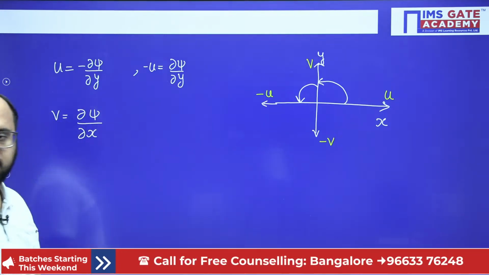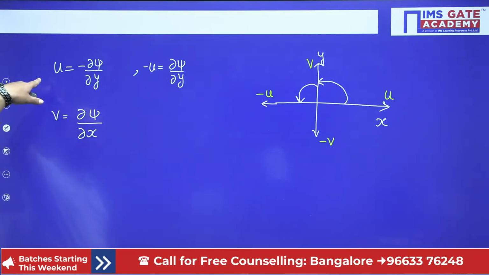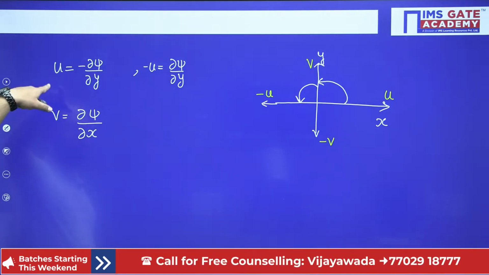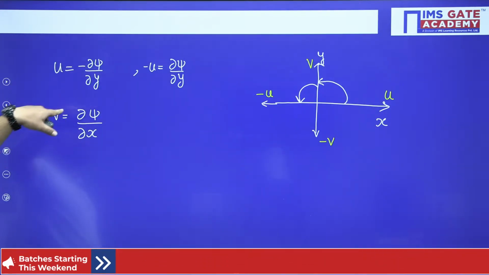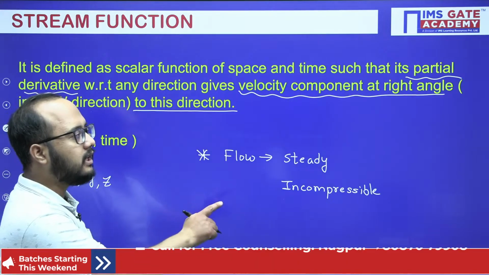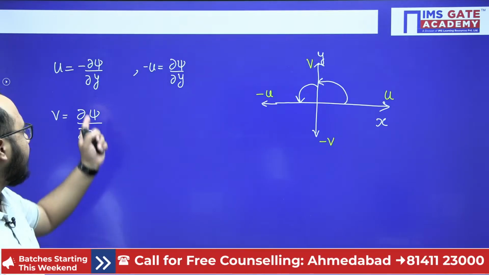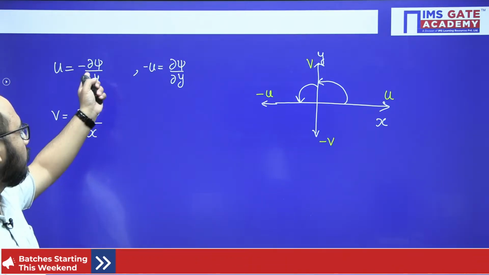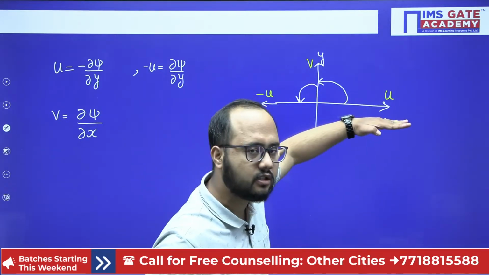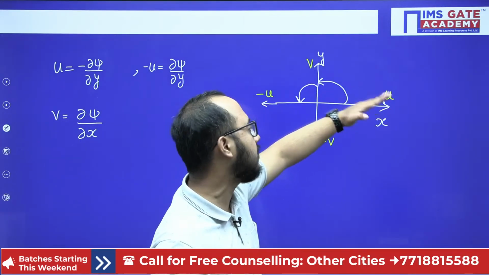It's your choice whether you want to write it like this or like this. I will prefer this one only, because you should understand u equals to minus dou psi by dou y and v equals to dou psi by dou x. But remember the definition. From the definition only we are getting these things. In this case we are getting a negative sign only in u, not in v, because we have taken the derivative along x, so in 90 degrees the velocity component is v.